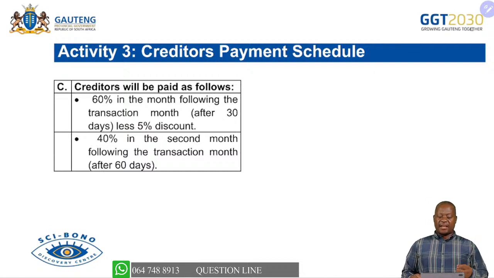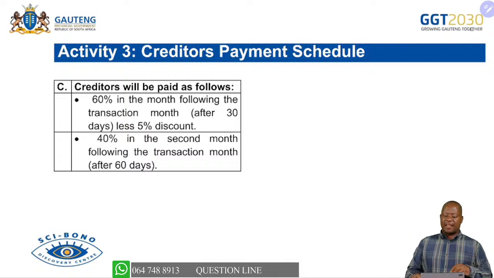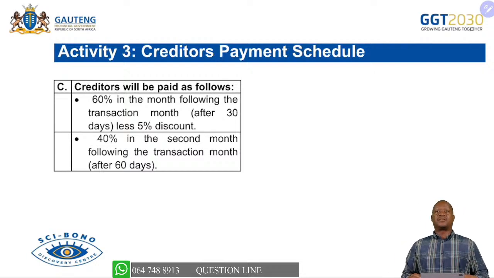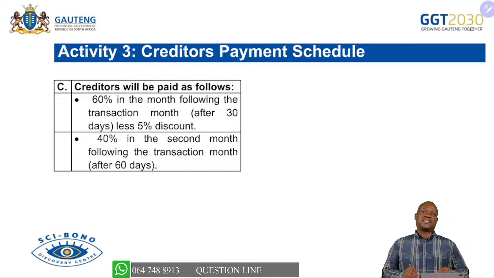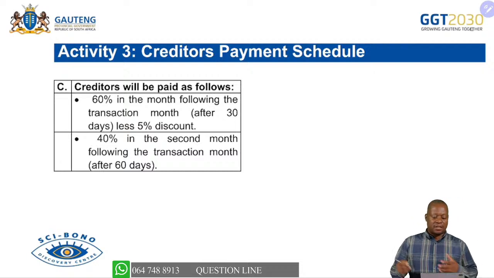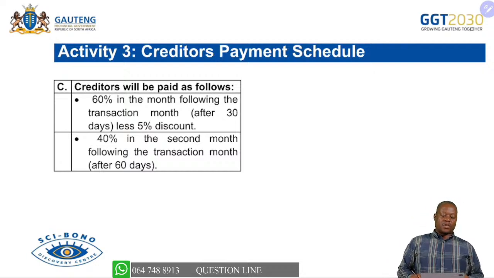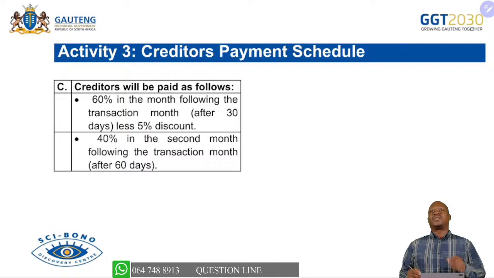Now let's check what information C says. Creditors are paid as follows. 60% in the month following the transaction month, which means you are buying in January, you pay in February. And why are you paying that? Because there is a discount that they are giving us as our suppliers. So we are trying to take advantage of the discount.